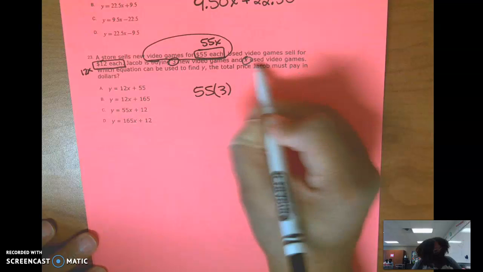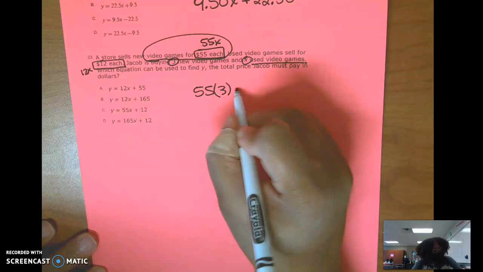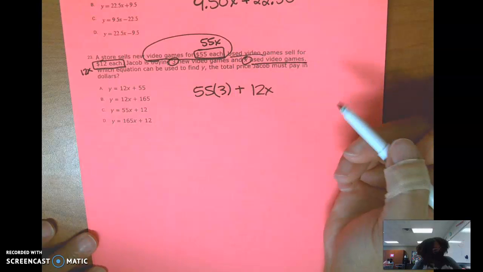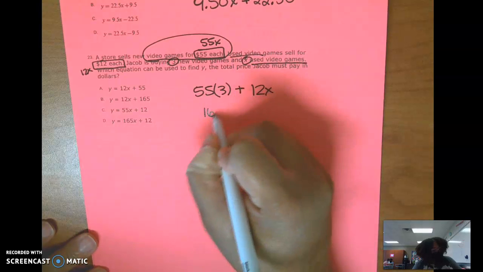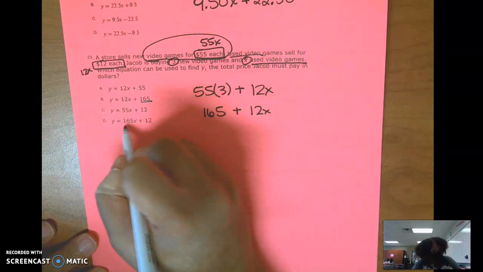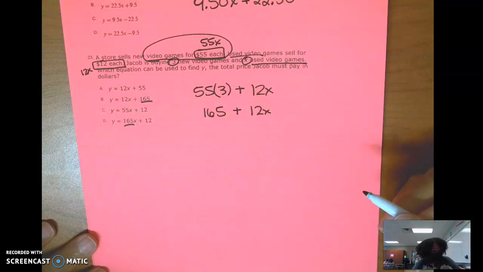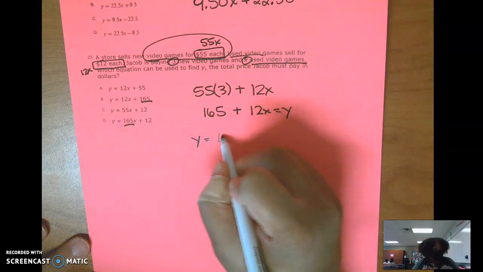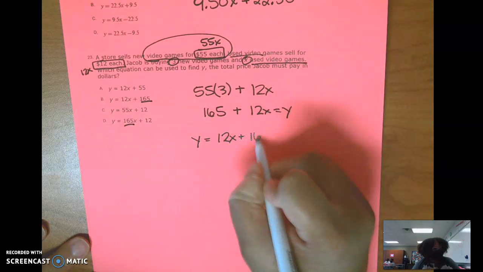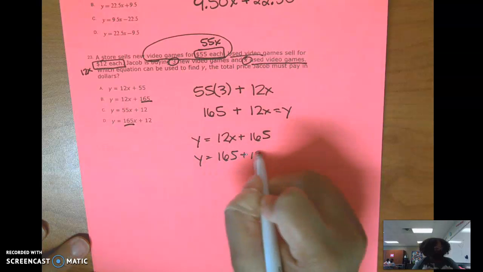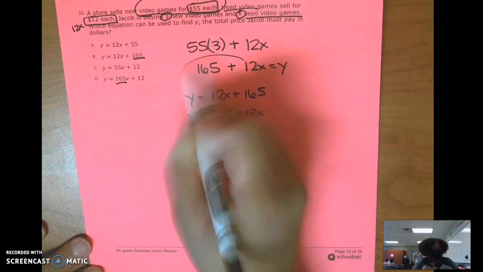And x used video games. So I need the 12x because that's my used games. You could multiply 55 by 3, or you could just look at the answers and only one says 165. And then 12x is the other part that you need to include. So y equals 12x plus 165, or y equals 165 plus 12x. Either of these is correct.